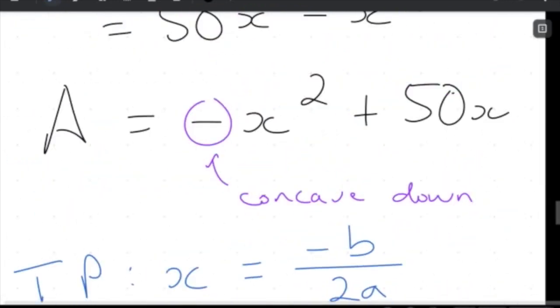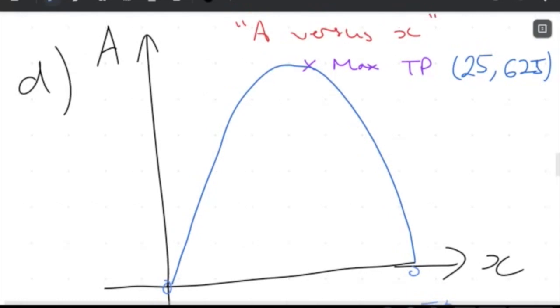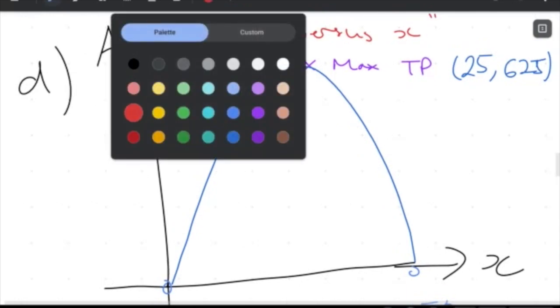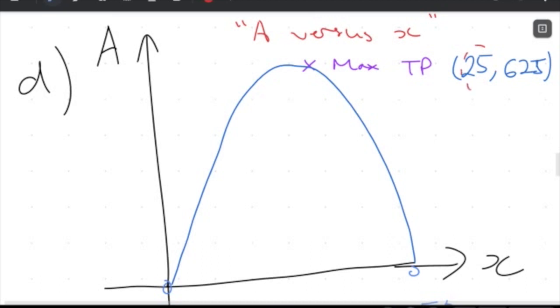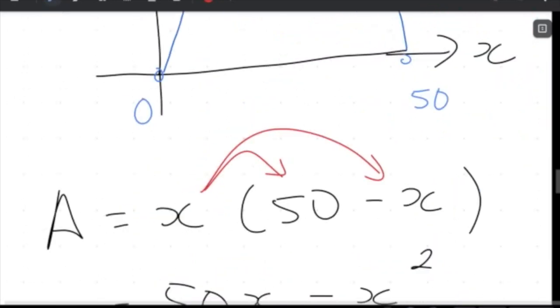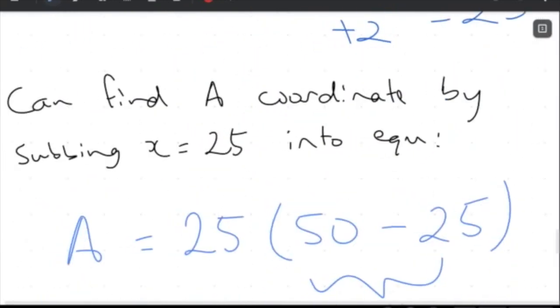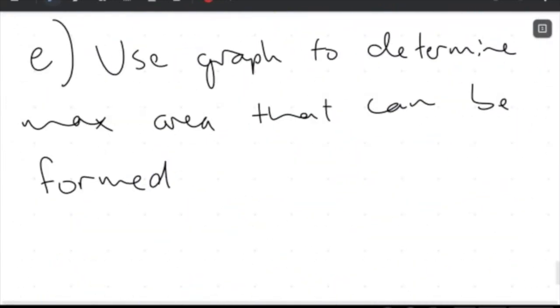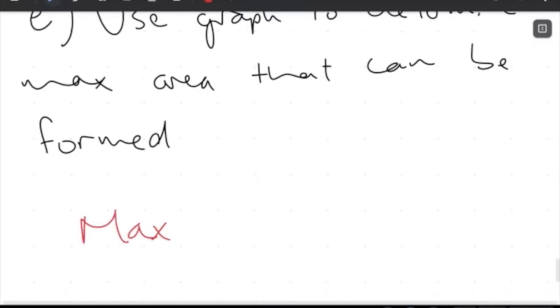We saw that the maximum turning point happens at a breadth of x centimeters, and that makes an area of 625 centimeters squared. So that's my area. So therefore, just reading off the graph that we've done, the max area equals 625 centimeters squared.